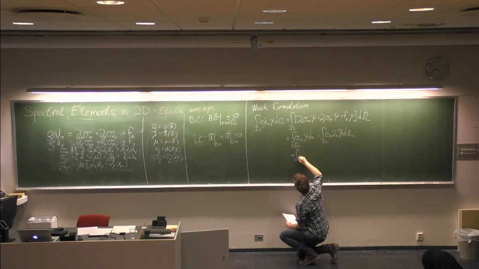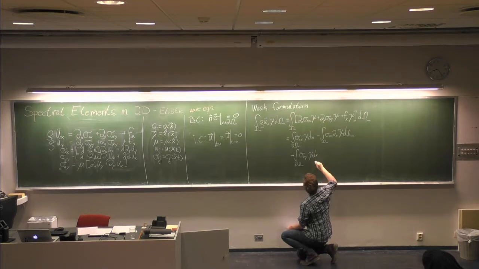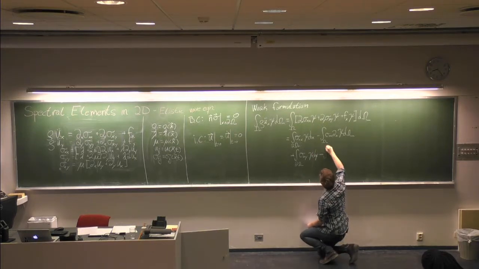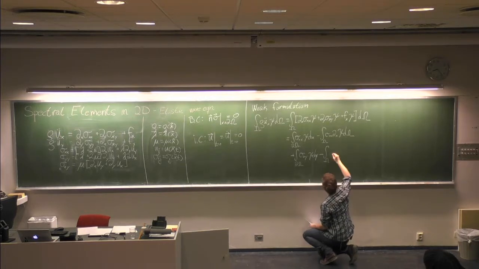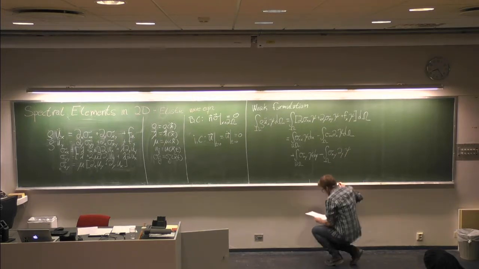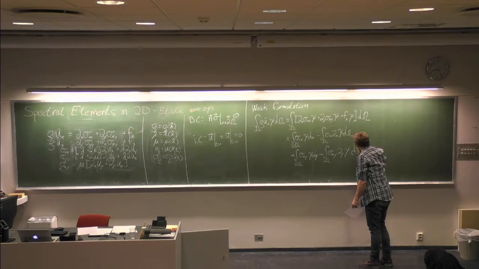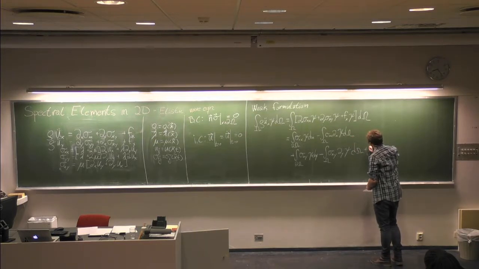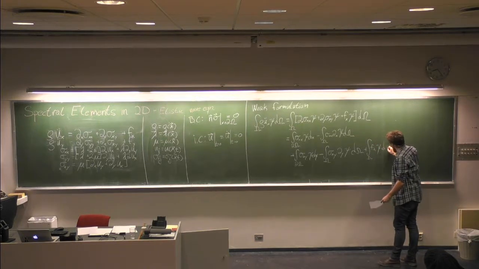Plus sigma xy, dy psi this time, minus dy psi d omega plus the boundary term d omega, like so.